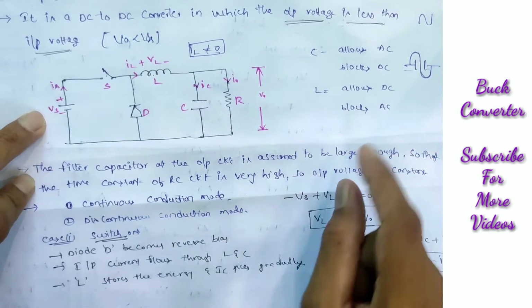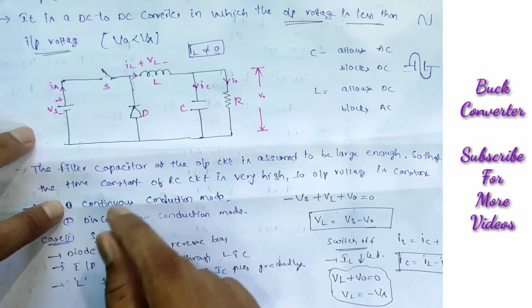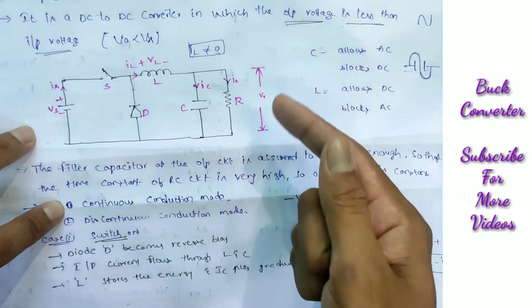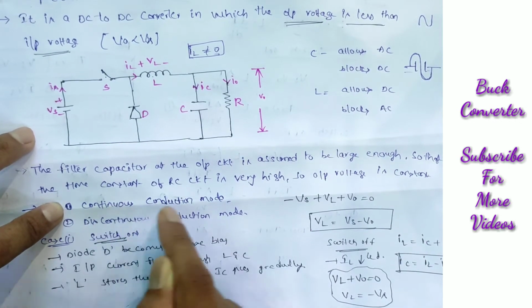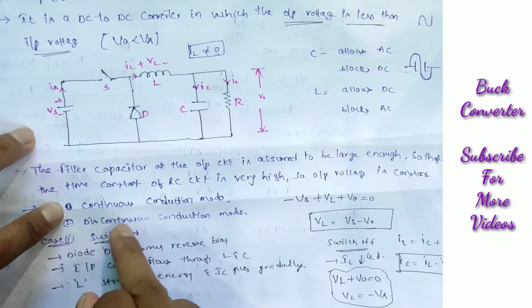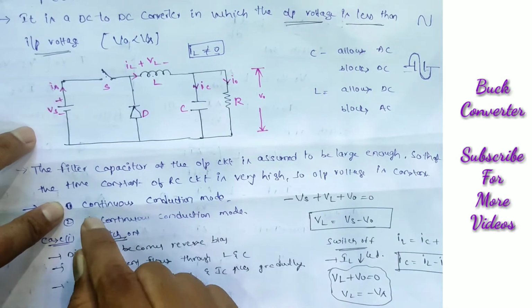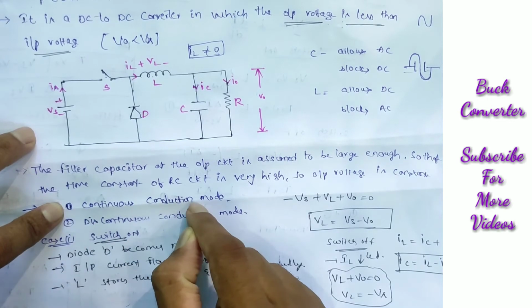This buck converter or boost converter operation can be explained in two modes. First, continuous conduction mode. Second, discontinuous conduction mode. In this video we are explaining the continuous conduction mode only.